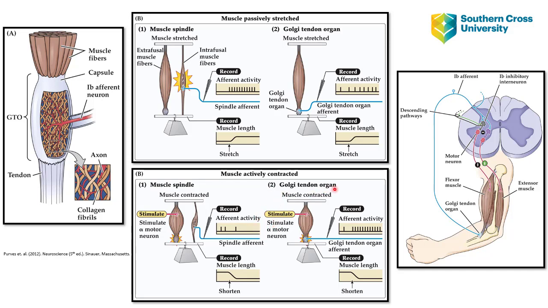Golgi-tendon organs, on the other hand, we start to produce a lot of tension through that muscle and through that tendon. Golgi-tendon organs are going to ramp up their firing frequency significantly. So there's a huge increase in firing frequency back into the central nervous system and into the spinal cord.